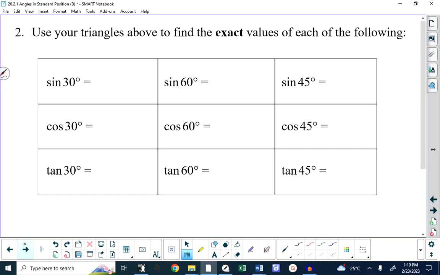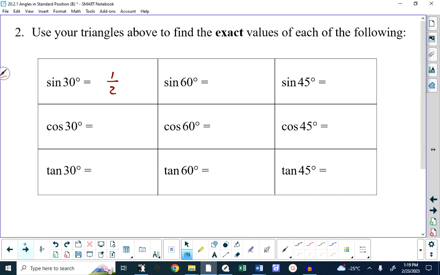I know that this is 1/2. You're going to need to look at those triangles. Can somebody explain why I know the sine of 30 is 1/2? Ashira. Right.